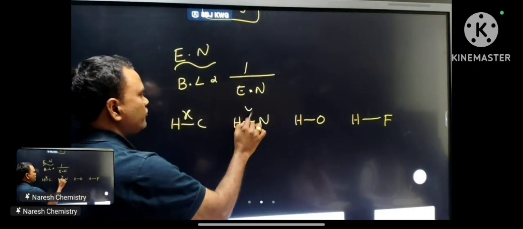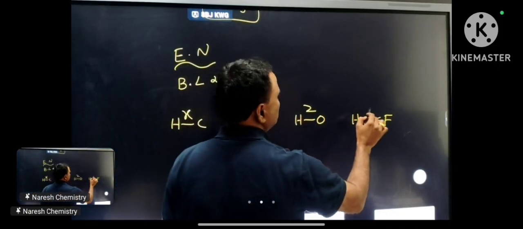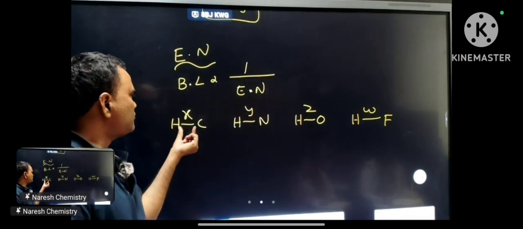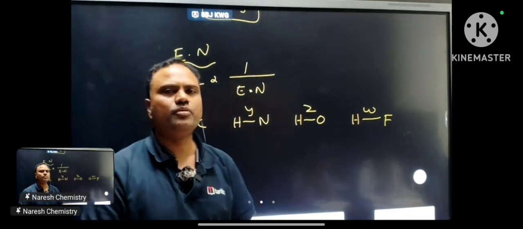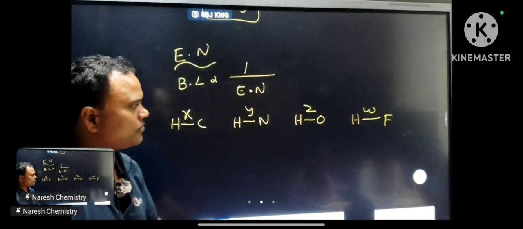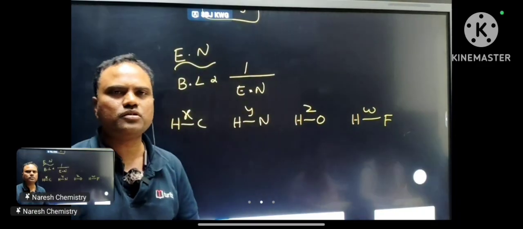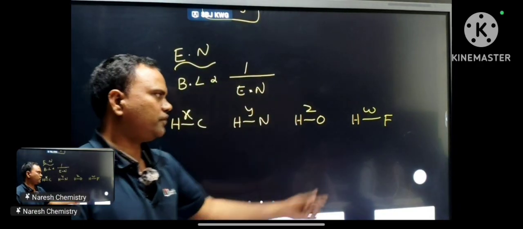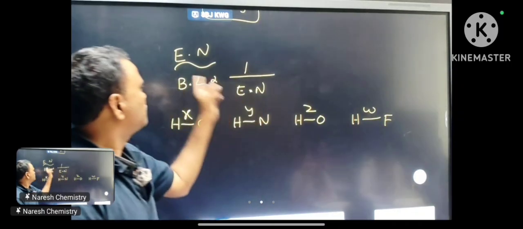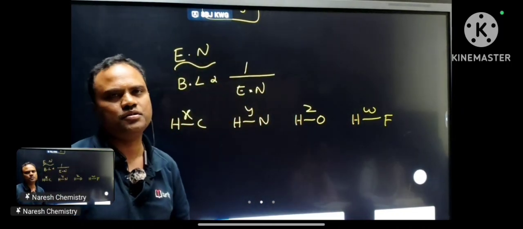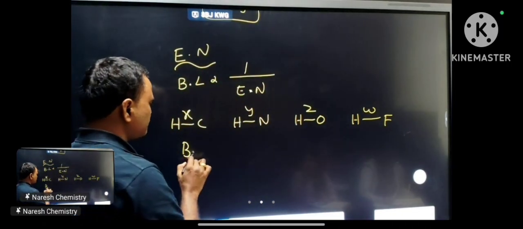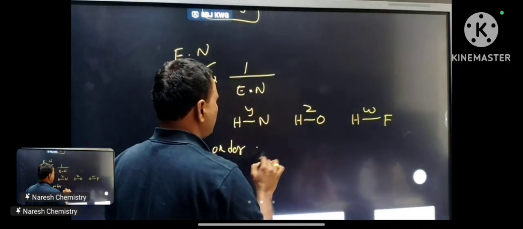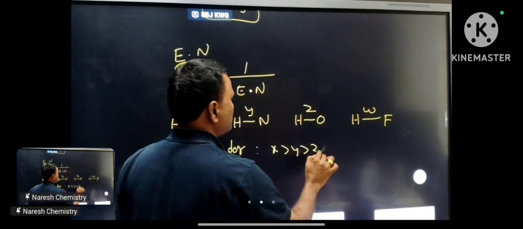X, Y, Z, W represent bond length. Here, which has more electronegativity? Fluorine has more electronegativity. If electronegativity is more, then bond length is less. So the bond length order is X greater than Y greater than Z greater than W.